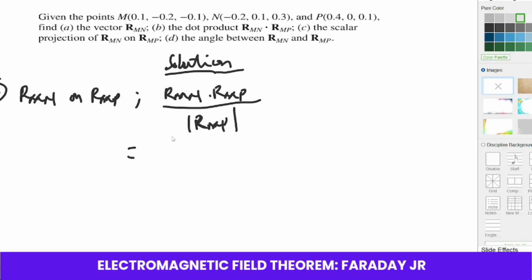When we found our RMN dot RMP, we had 0.05, and the magnitude of RMP, that is the square root of what?